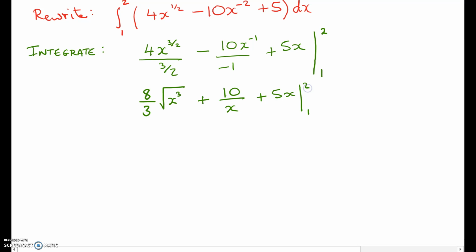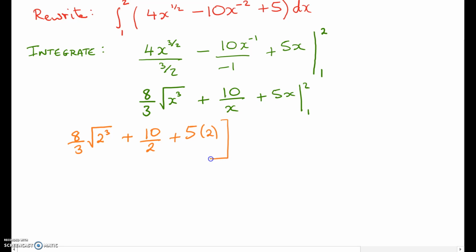Now, so we've simplified the integral, and what we need to do now is plug in the top limit first, and then we're going to plug in the bottom limit. So this is going to become 8 over 3 times the square root of 2 cubed plus 10 over 2, I beg your pardon, 10 over 2 plus 5 times 2.